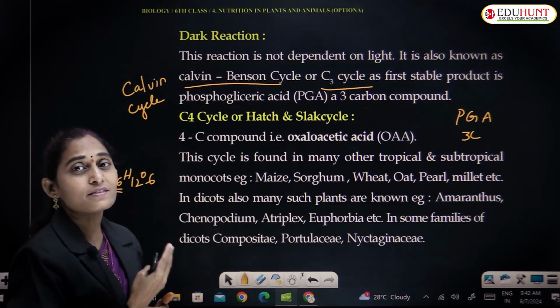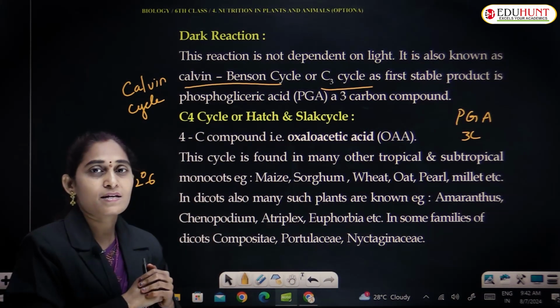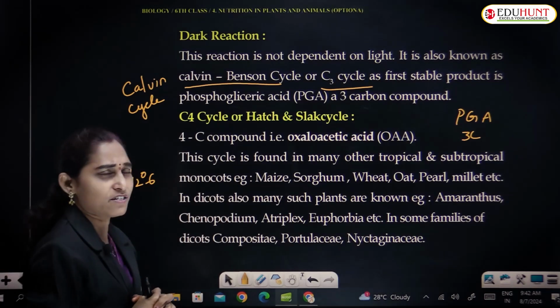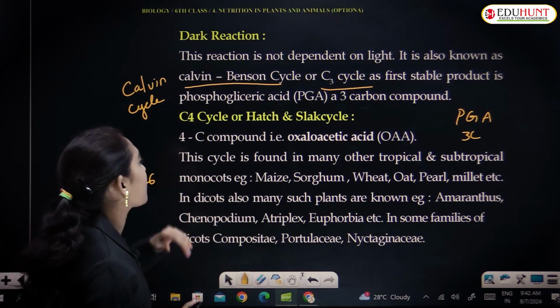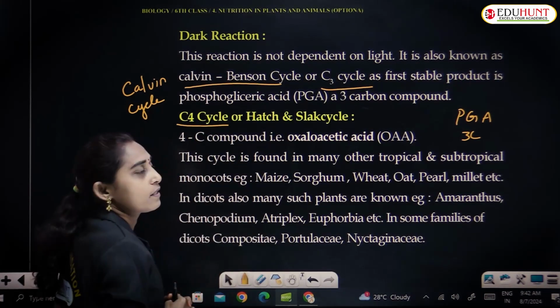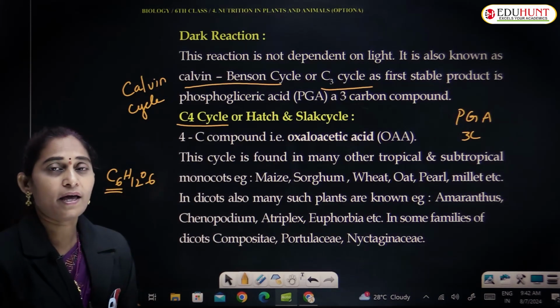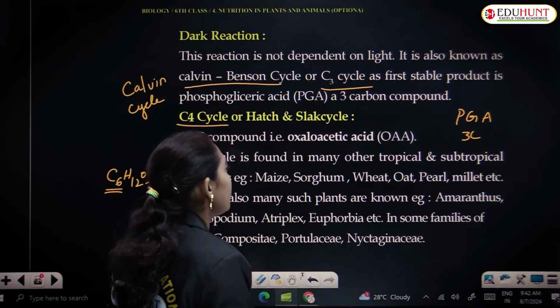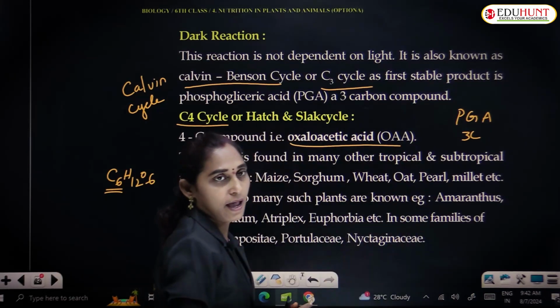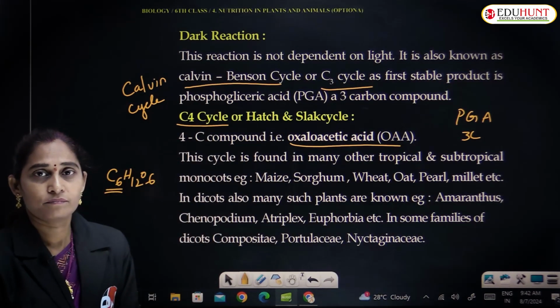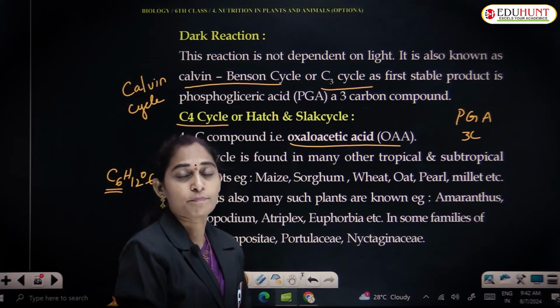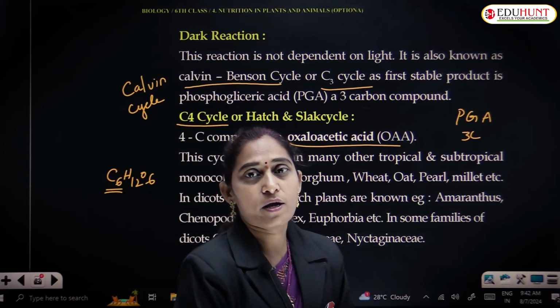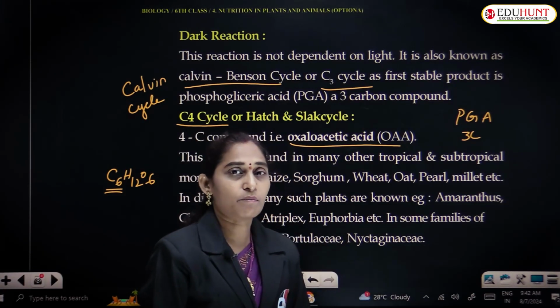There is another cycle in some other plants that are highly resistant to heat. It is called the C4 cycle, where the first stable product is not PGA but oxaloacetic acid, OAA, which is a 4 carbon compound.